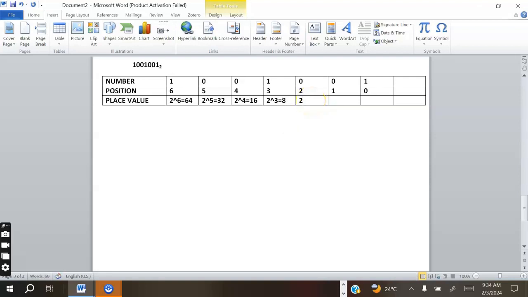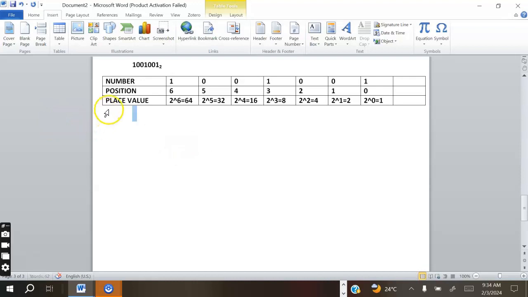While 2 raised to power 2 will give us 4, while 2 raised to power 1 is supposed to give us 2, and lastly 2 raised to power 0 is supposed to give us 1. As usual, the rule of integers, anything raised to power 0 is always 1. Okay, now having done that, let's move to the next part, to multiply.